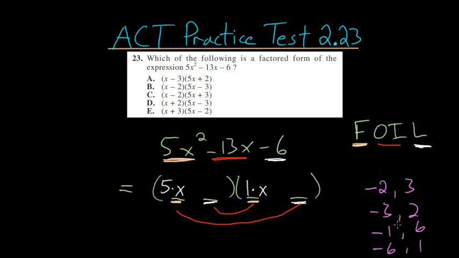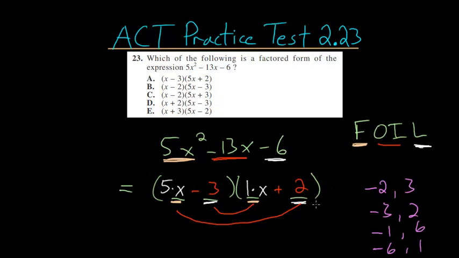And honestly, at this point, you have to guess and see if it works. So let's first just pick something. Let's guess that this is minus 3 and this is plus 2. The reason I went with 3 and 2 for my first guess instead of 1 and 6 is because if you look at the answers, there is no 1 and 6, which means that it's some combination of 3 and 2, whether it's plus 2 or minus 2 or plus 3 or minus 3.